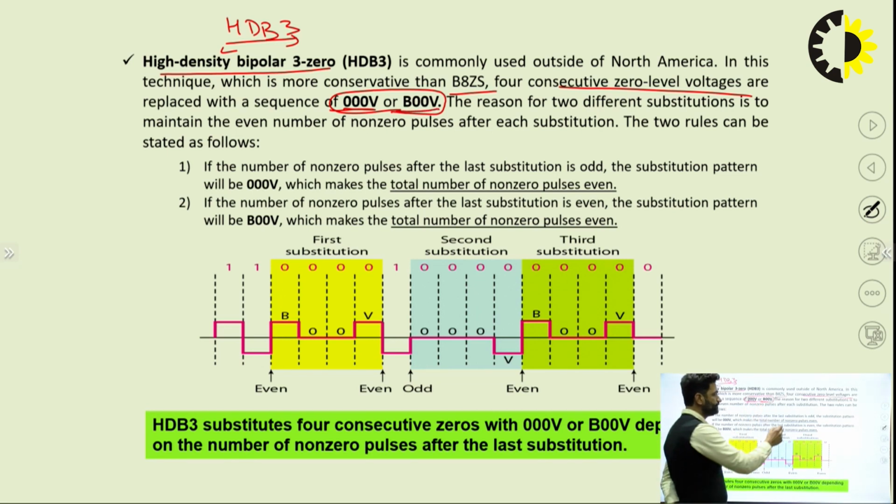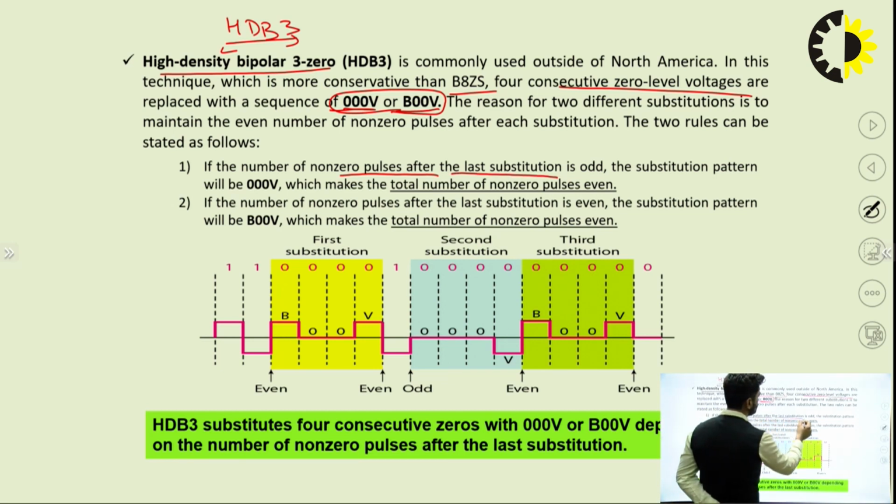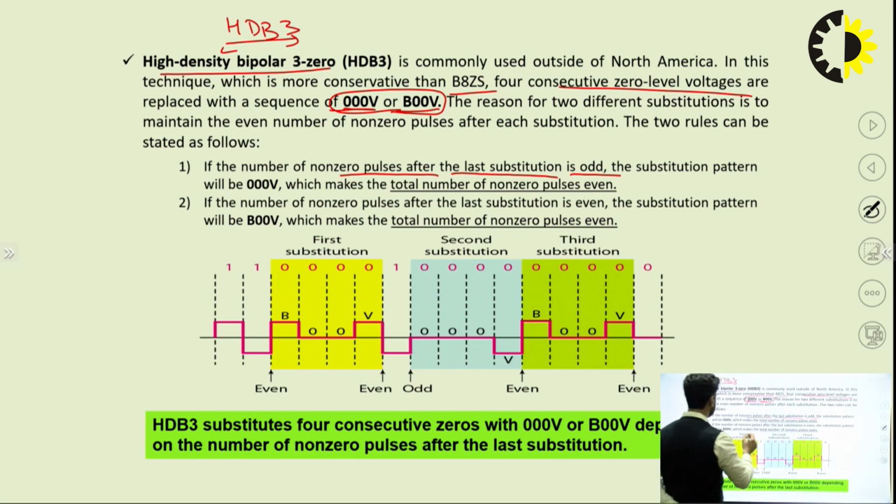Now the reason for 2 different substitutions is to maintain an even number of non-zero pulses after each substitution. The 2 rules can be stated as follows. If the number of non-zero pulses after the last substitution is odd, the substitution pattern will be 000V.